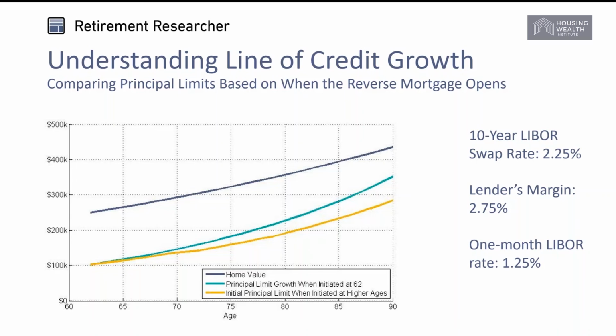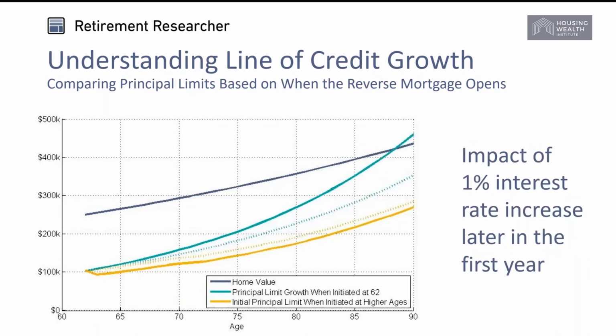Now, admittedly, this chart was more impressive before the rule change, where, as you recall, that dashed line got you so that the line of credit exceeded the home value by age 83. It's not quite as exciting now, but if we still think about this in the context of a low interest rate environment, here's what happens if just simply at age 62, we open the reverse mortgage or we don't, and then sometime in that first year, we see a permanent increase in interest rates by 1%.